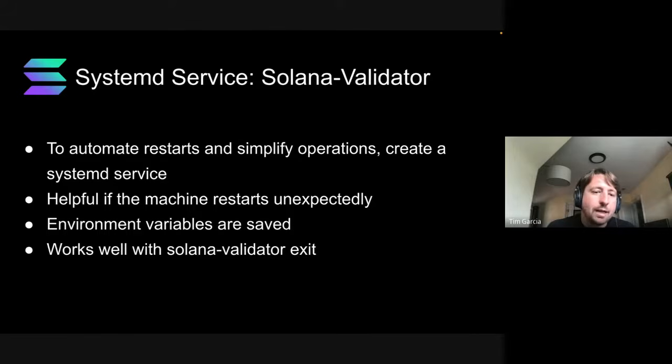You want something to automatically turn it back on, if it's just a simple start up the script again, and you want to know that it happened. You want to know that your validator died. So the first thing we're going to talk about is some systems to make it automatically start up again. The second thing we're going to talk about is monitoring. So let's do the systemd setup first.